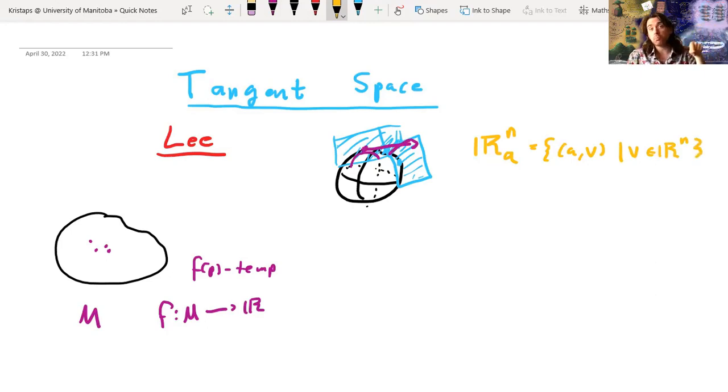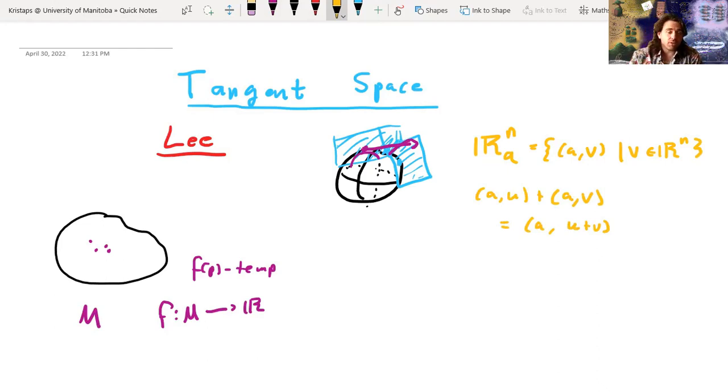So now for each point A, we have an entire vector space. Addition and scalar multiplication act in the quote unquote obvious way. If I have (A, u) and (A, v), I would define their addition to be (A, u+v), and so forth. And you can verify that this satisfies the definition of a vector space.